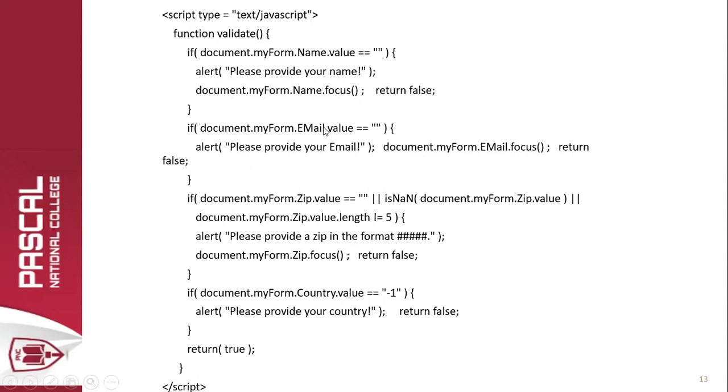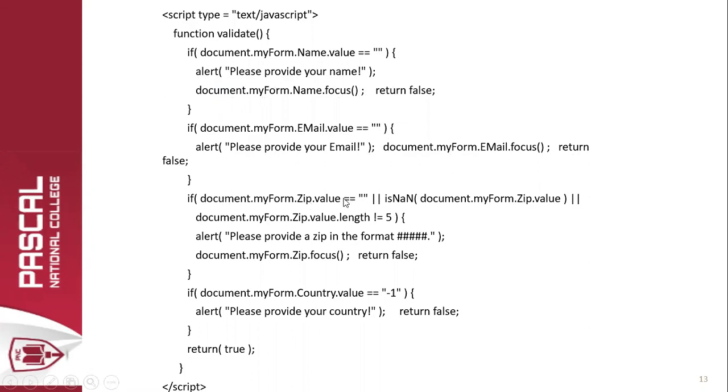Similarly, for the email, you check whether this is empty, then you show please provide your email. Then you also put the focus on this text field, then return false. If your validation is not appropriate, then you must return false.